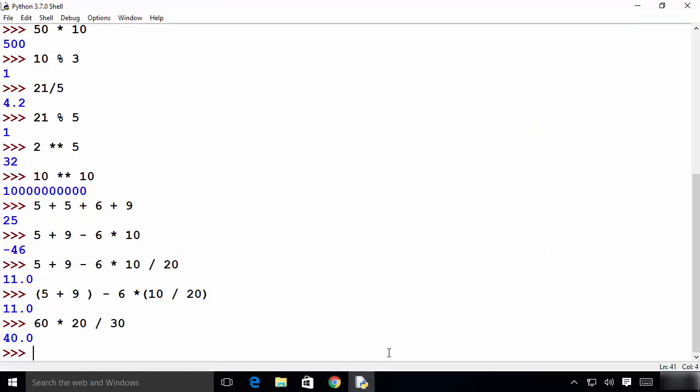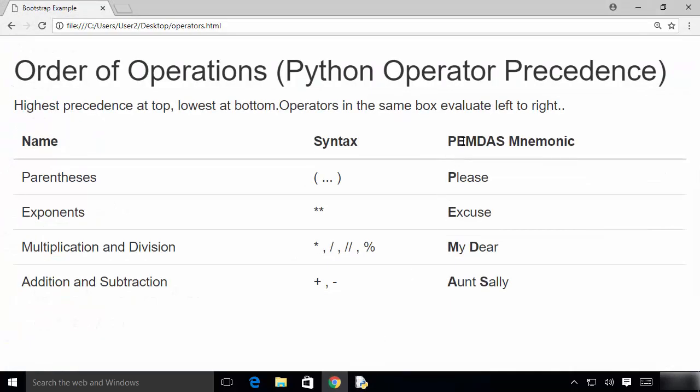Now if you want to learn the order of precedence between the operators, then you can use this keyword, which is PEMDAS. P stands for parentheses, E stands for exponents, M stands for multiplication, D stands for division, A stands for addition, and S stands for subtraction. So you can either remember this name, PEMDAS, or you can use this sentence which I have written here: Please Excuse My Dear Aunt Sally.